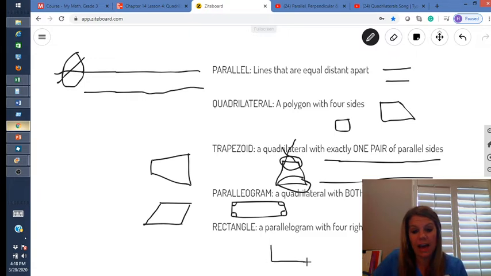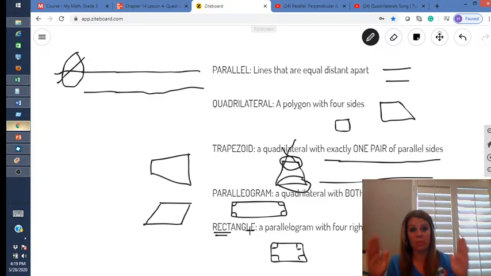So, if you have a rectangle, you have two sets of parallel lines, and you have right angles in there. You have to have four of them. Now, rect means right. That's like the Latin term for right. So it's a right angle. So it's a quadrilateral with four sides, four right angles, and two sets of parallel sides. Okay, does that make sense?